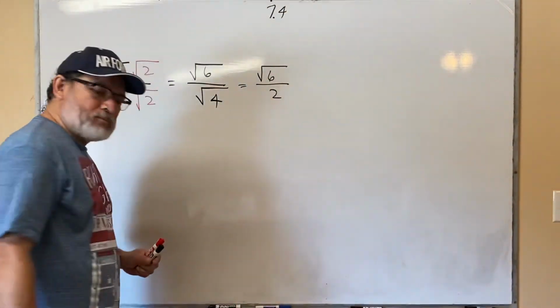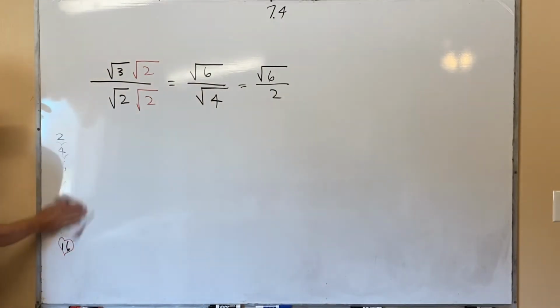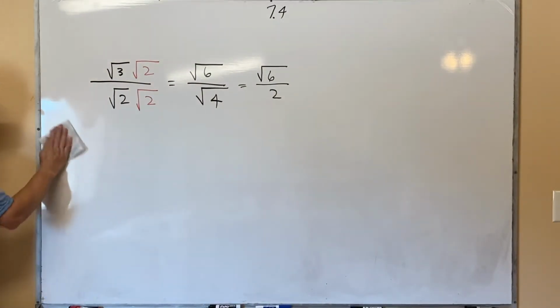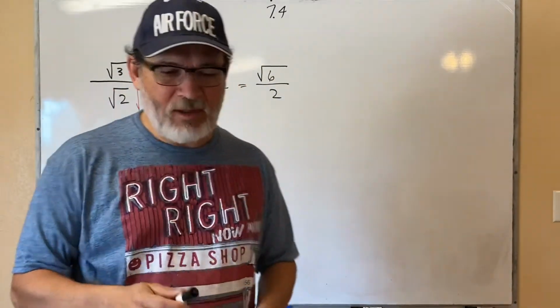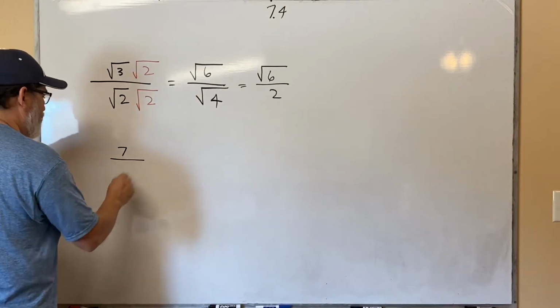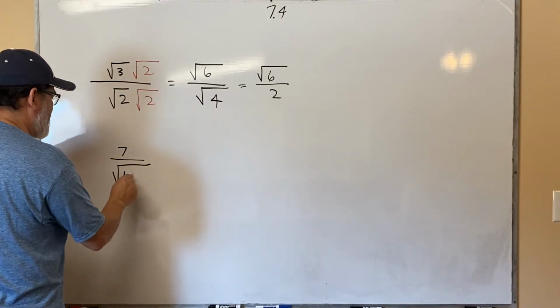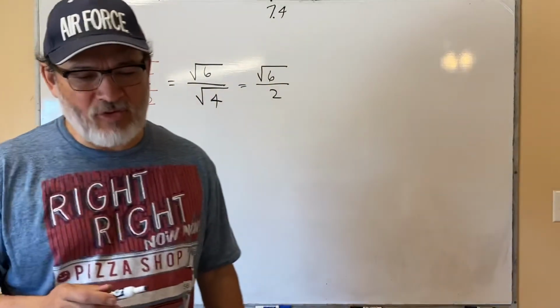Let's do the next one. Here's another one. Watch this one. 7 over the square root of 18, a to the what?